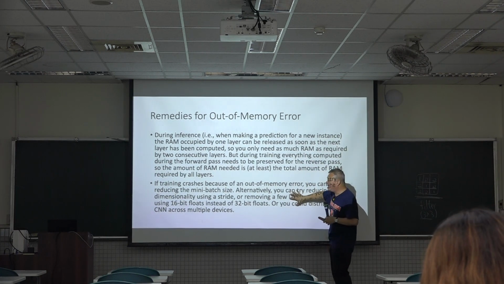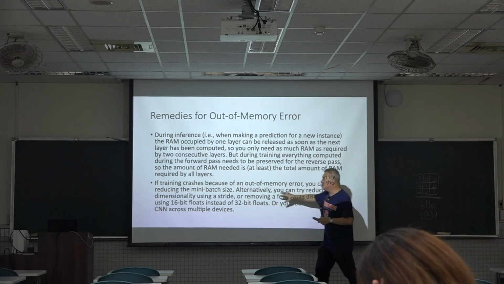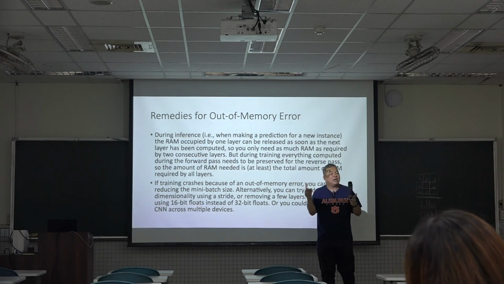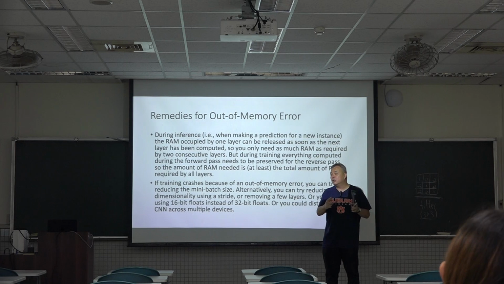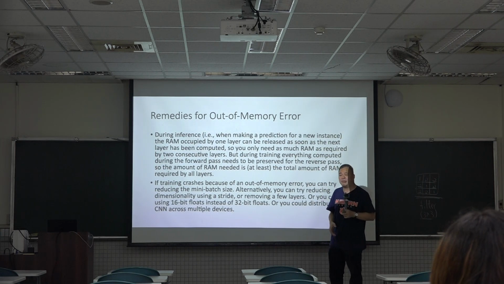If training crashes because of an out of memory error, you can try reducing the mini-batch size, because as I said, the batch size matters. If 100 is too big, try 32, and you cut roughly two thirds of memory usage.